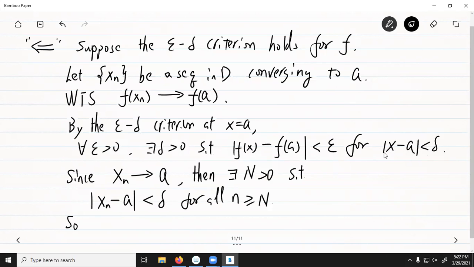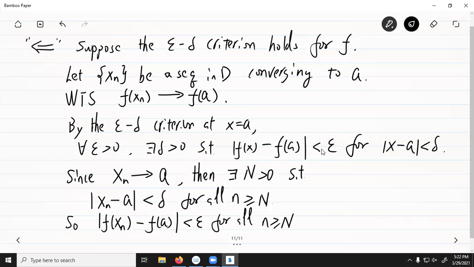So xn is inside, and f of xn minus f of a must be less than epsilon for all n greater than or equal to capital N.